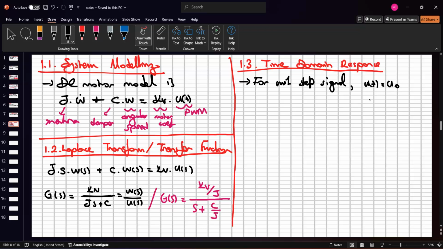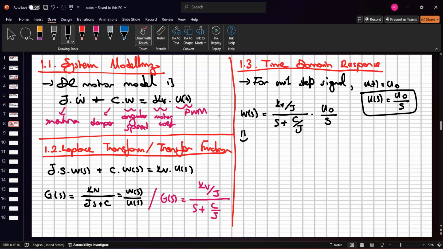And so in the Laplace domain, U(s) is equal to u0 divided by s. And so W(s) is equal to U(s) times G(s). And so we have K_v divided by J, over s plus C divided by J, times u0 divided by s.